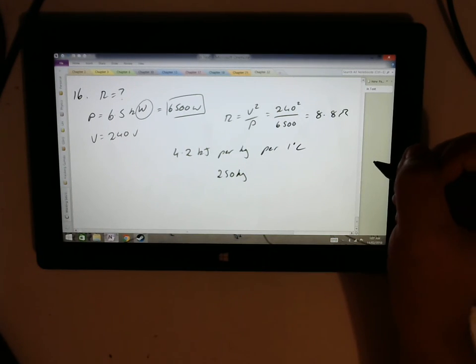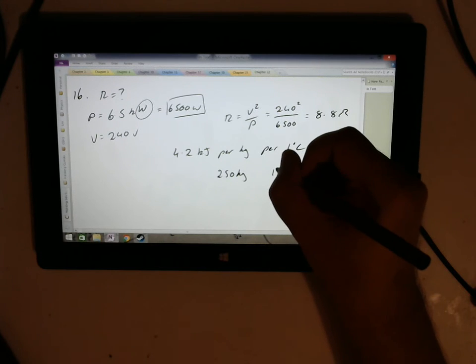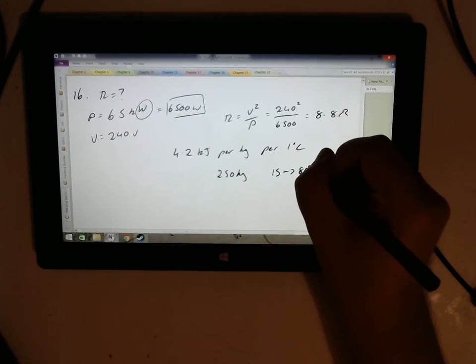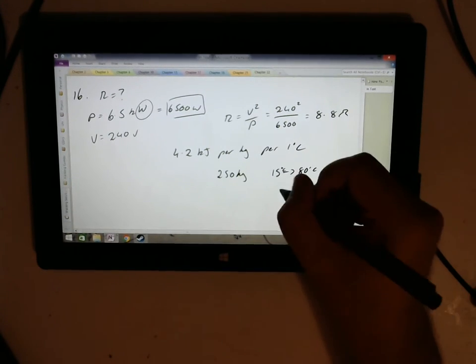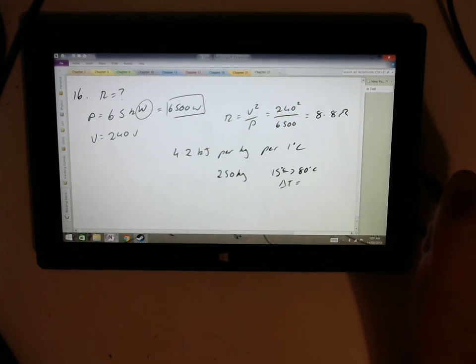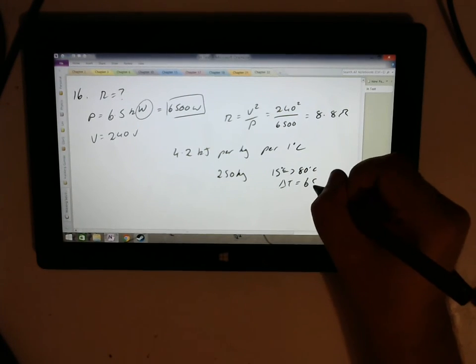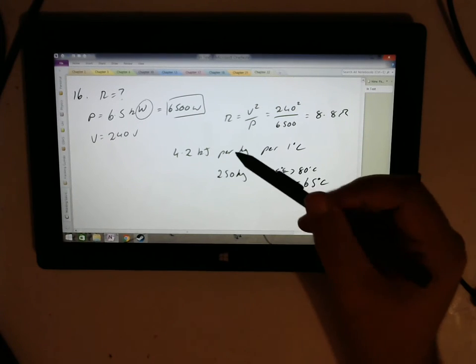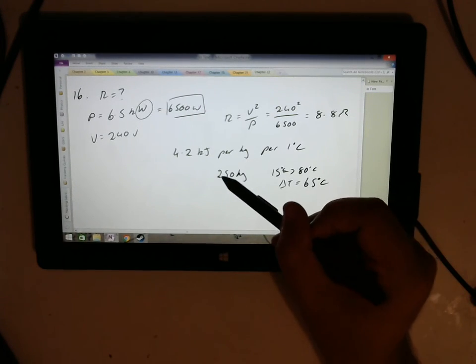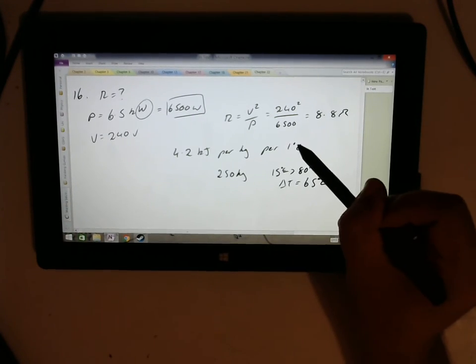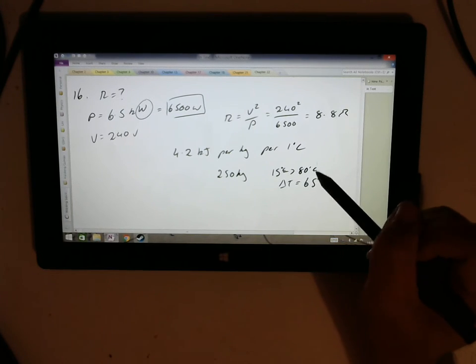But we're not going up 1 degree Celsius. We're going from 15 up to 80 degrees Celsius. Well, how much is that? That means the delta T, the change in temperature, is going to equal 65 degrees Celsius. So per kilogram, we've got 250 kilograms. Per 1 degree Celsius, we've got 65 degrees Celsius.